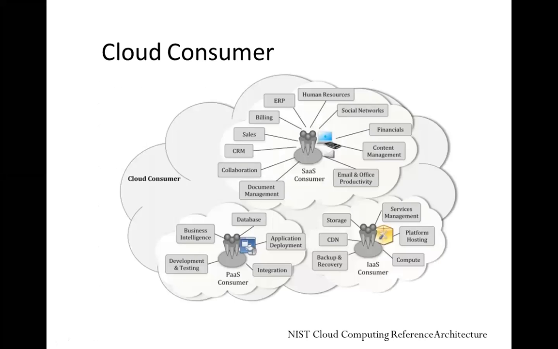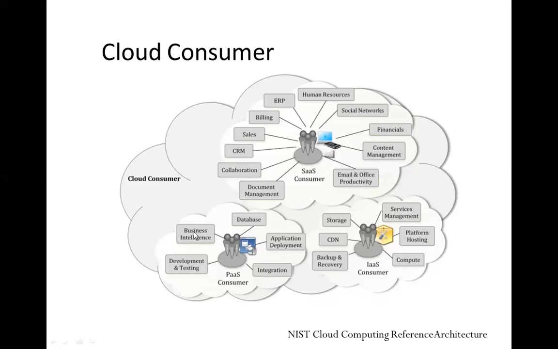So you can see this diagram. This diagram is about the cloud consumer, and the cloud consumer is using various services like ERP, billing, sales, CRM, collaboration, document management, email and office productivity, content management, financial, social networks, and human resources.